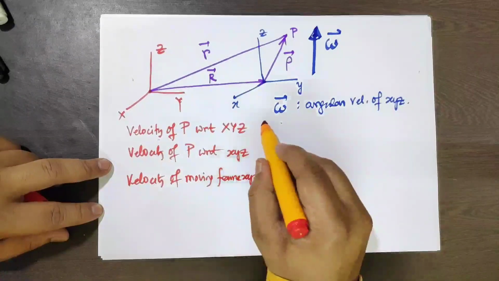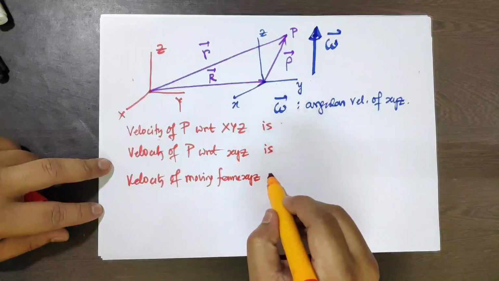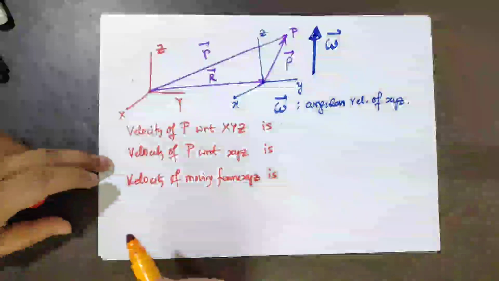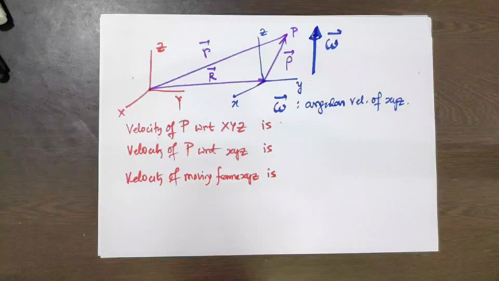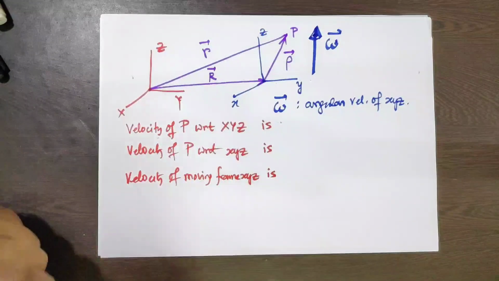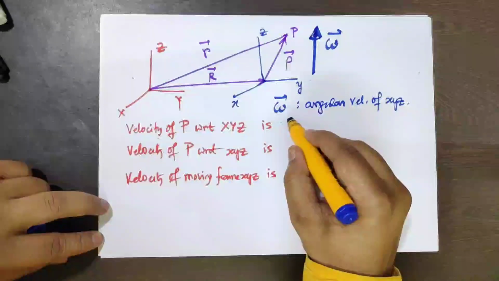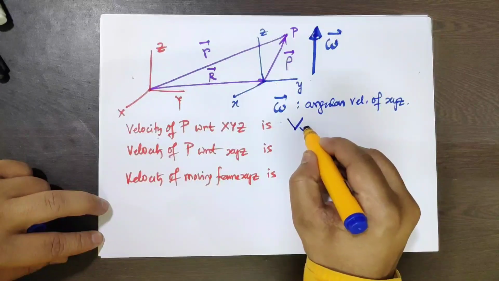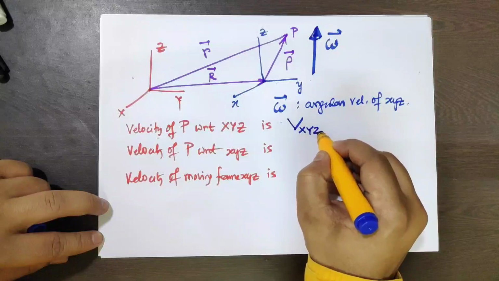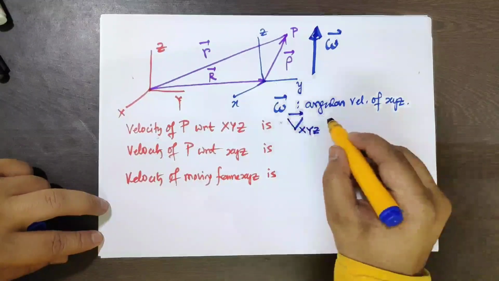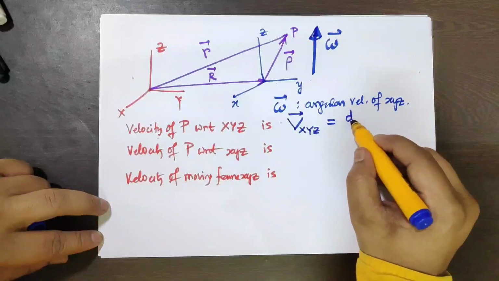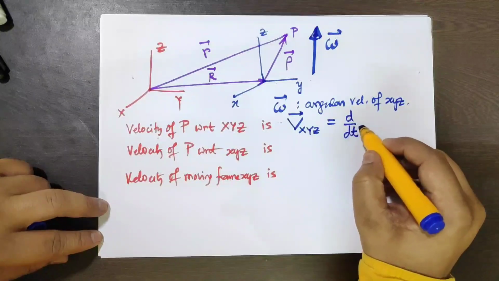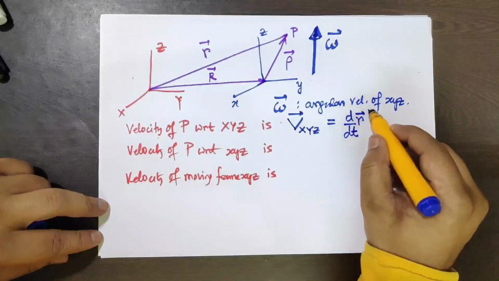The velocity of P with respect to capital XYZ we denote by v capital XYZ, and that will be equal to d/dt of r.